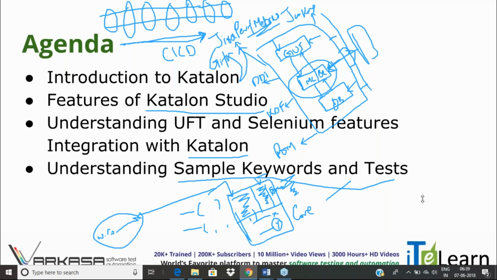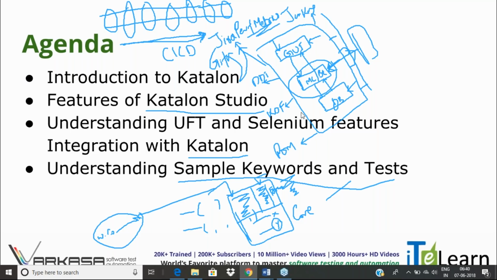Okay, since it has so many different features, right? One is the core web application testing. That itself, we have to understand what different functional validation keywords it has. How do you architect your test into a proper format? Then looking at some examples on DDT, KDF, page object model. How do you do exception handling? So that itself will take at the very least 15 sessions, only for web application testing.